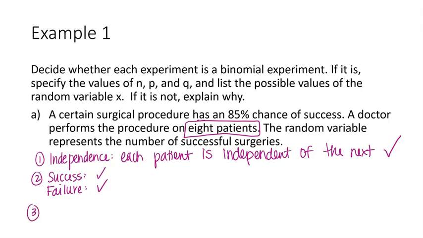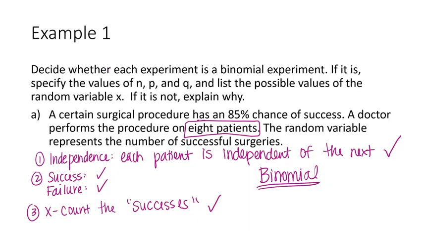And the third thing I need to check for: does X count the successes? The random variable X represents the number of successful surgeries. So I meet all 3 criteria. That means I can sort this into binomial.